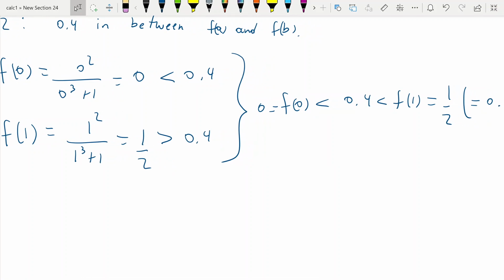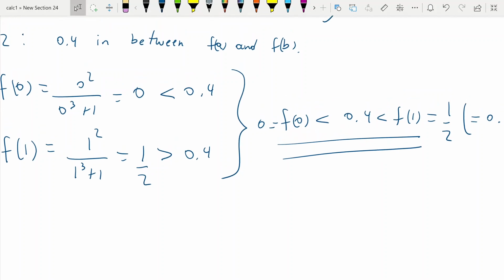Okay, so now that we have this, the value 0.4, the value we're aiming for, is in between the values of the function at the endpoints.